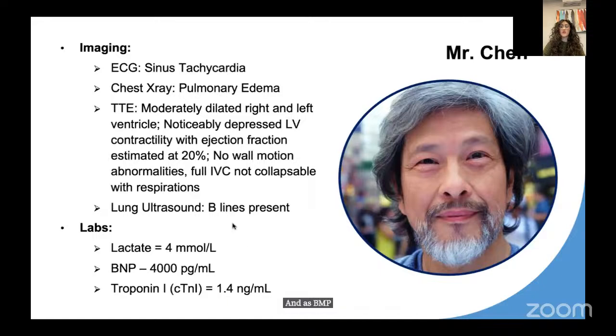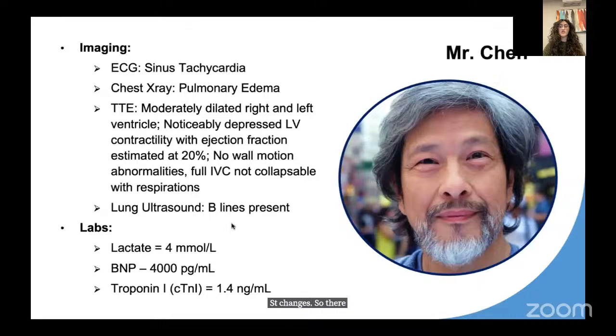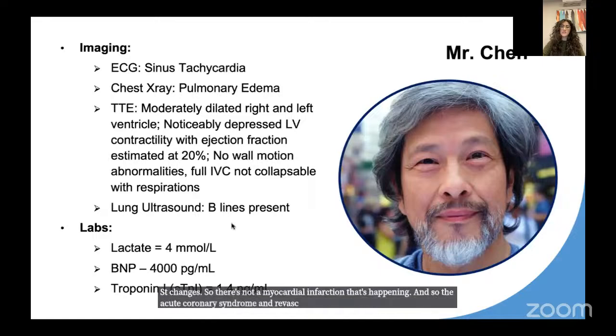So the suspicion of cardiogenic shock is confirmed. The other thing is that with our EKG, we don't show elevated ST changes. So there's not a myocardial infarction that's happening. And so the acute coronary syndrome and revascularization is not indicated in this patient.